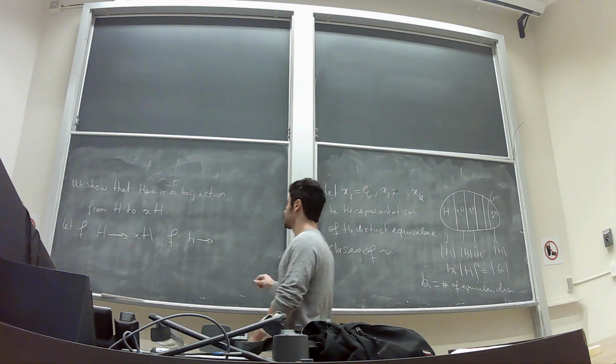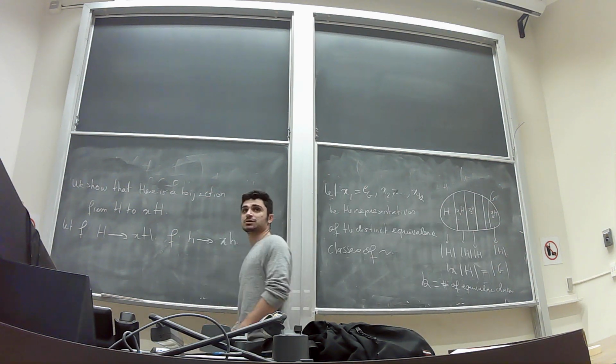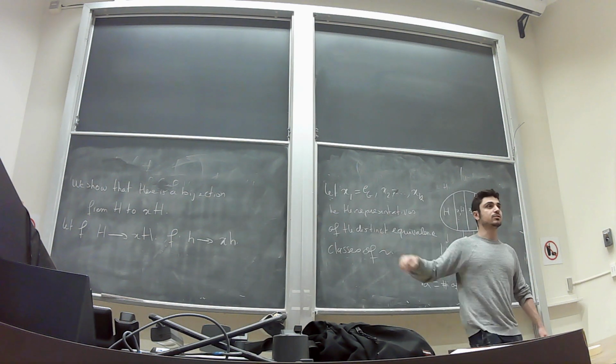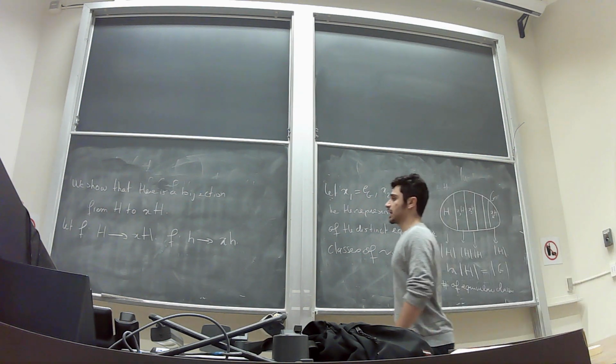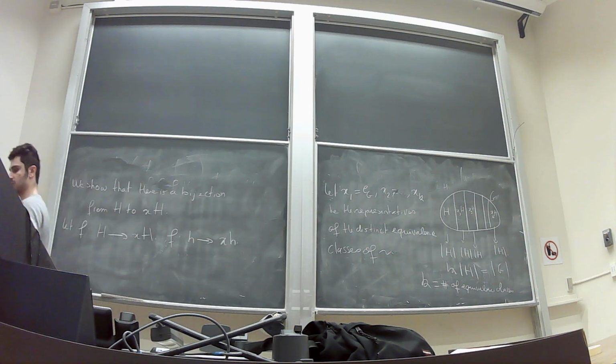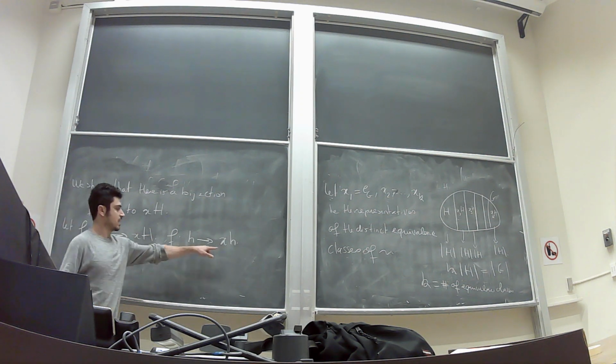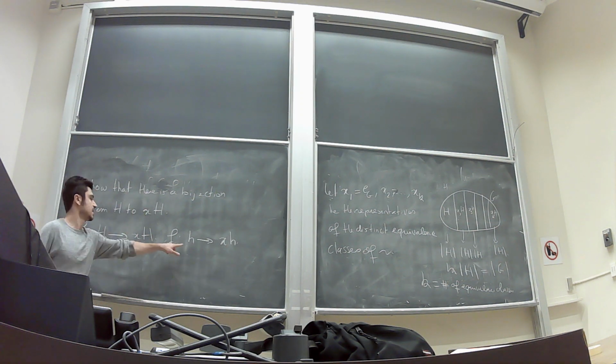If I send h to x times little h, do I get a function from H to xH? Yes. Everybody? Is it clear? xH, x times big H, is just the set H left multiplied by x. So this element, x times little h, belongs here, provided that little h belongs to H.